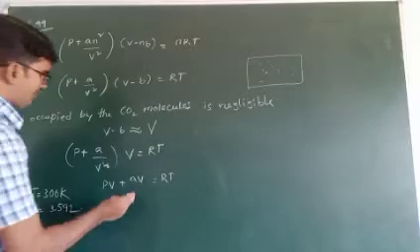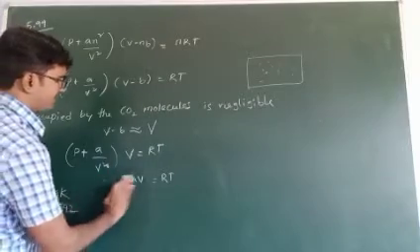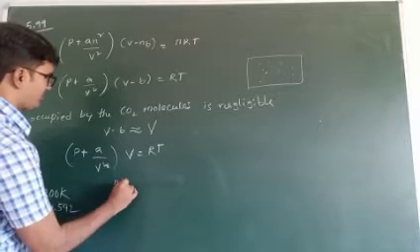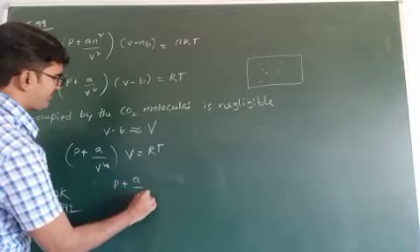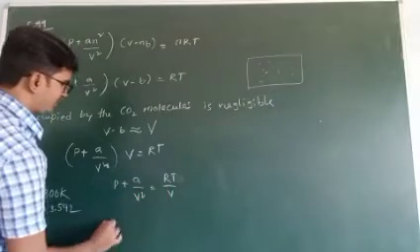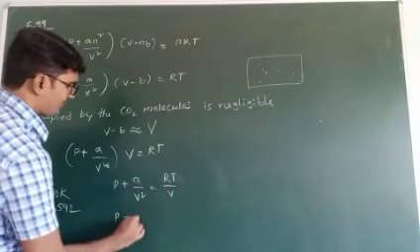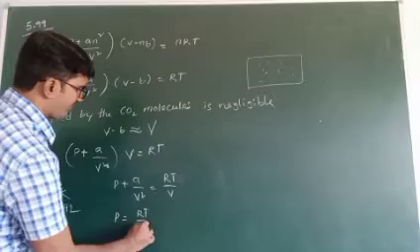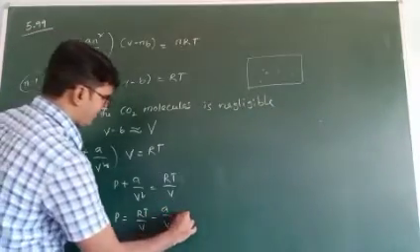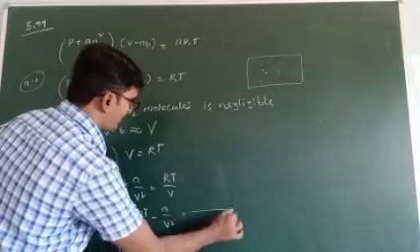See this problem, actually we can write it like this, but not in this manner. This V moves to this place. So P plus a by V square is equal to RT by V. This one moves to that side, then P is equal to RT by V minus a by V square. So take the LCM for this one. LCM is V square.